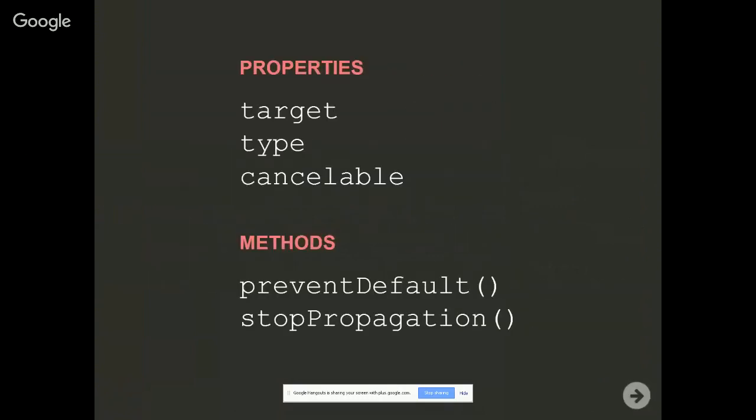So these are some of the properties and some of the methods that are available with the event. If you wanted to know on which element the event happened, you can use the target property to do so. And we'll have a coding exercise which uses this particular property.